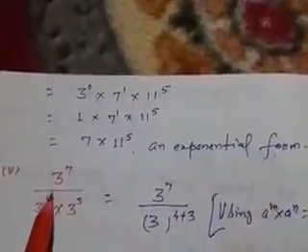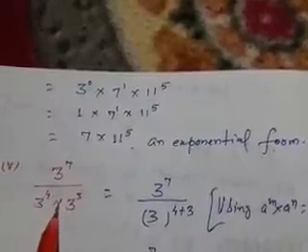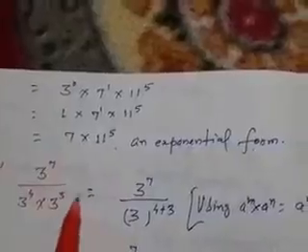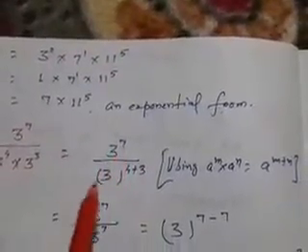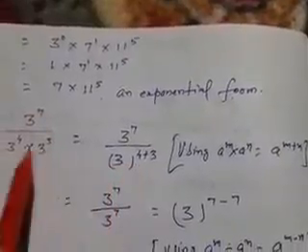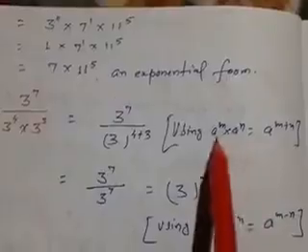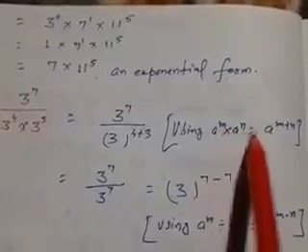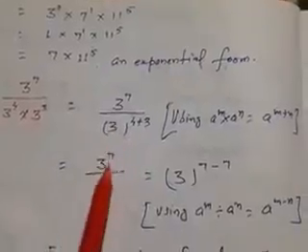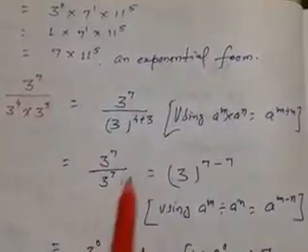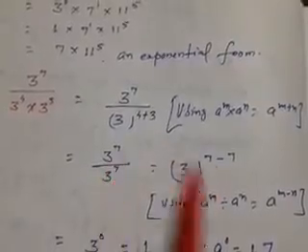Next is 3 to the power 7 divided by 3 to the power 4 multiply 3 cube. We write here 3 to the power 7 divided by 3 to the power 4 plus 3, using this rule: a to the power m multiply a to the power n is equal to a to the power m plus n. This is equal to 3 to the power 7 divided by 3 to the power 7, or 3 to the power 7 minus 7.